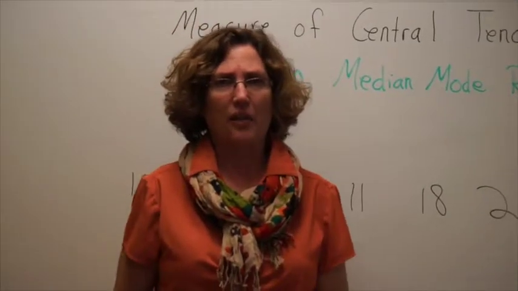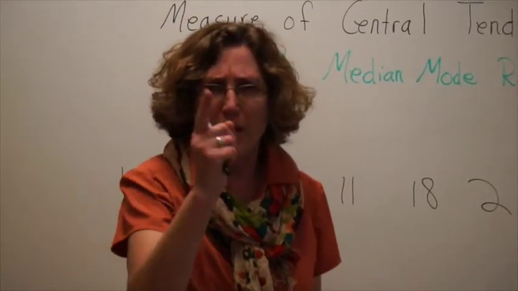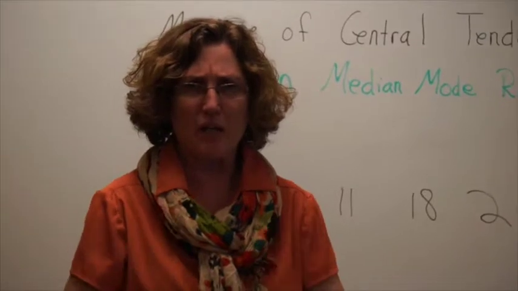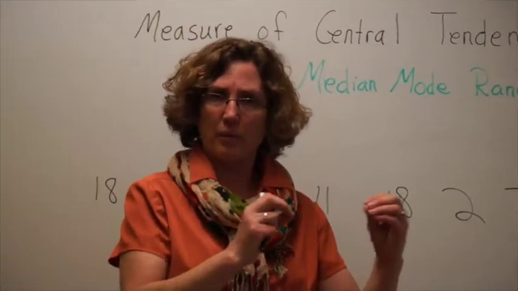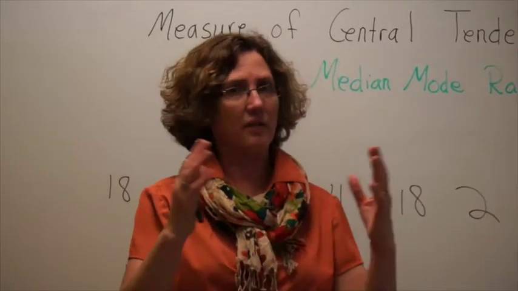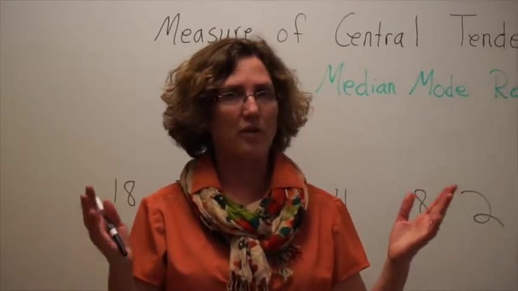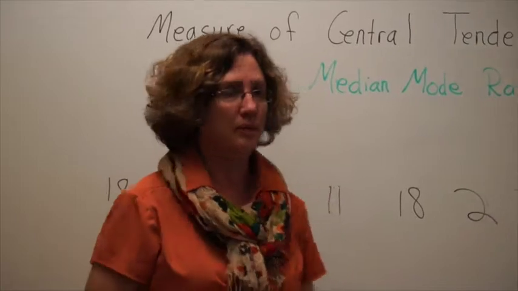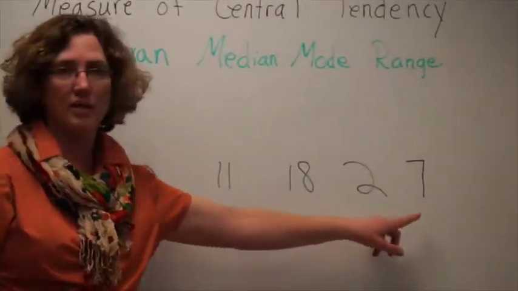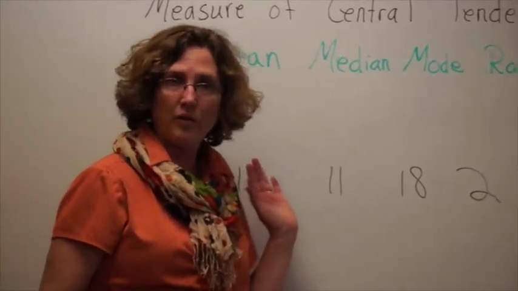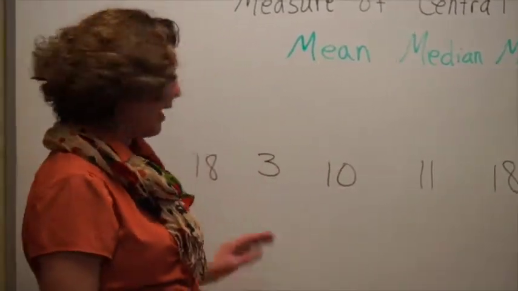When I think of mean, I think of "give me the average." The average mean is adding up all of the numbers that you have and dividing by the number of numbers. For example, 18, 3, 10, 11, 18, 2, and 7. We would add up all those numbers and then we would divide.